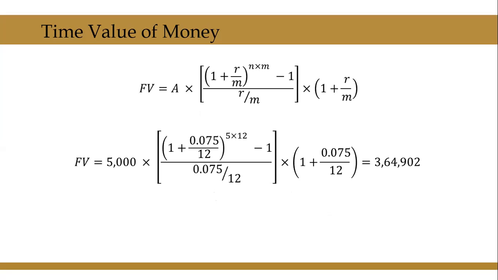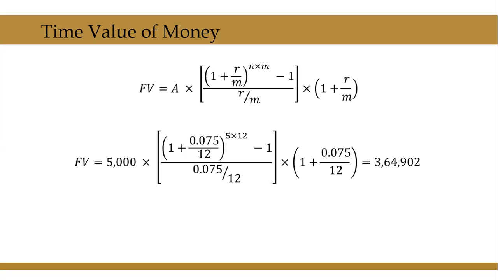Here A is 5,000 because I am investing 5,000 rupees every month. Interest rate is 7.5%. Therefore, it is 1 plus 0.075 divided by 12, to the power of N, which is 5 years, multiplied by 12, divided by 0.075 divided by 12 into 1 plus 0.075 divided by 12.